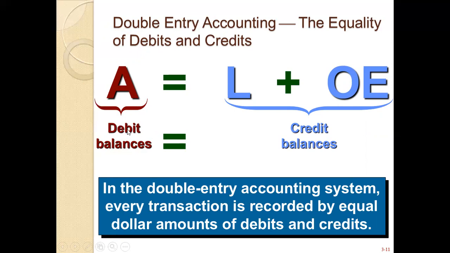If you say my asset has a credit balance, then where do you put your asset? In the accounting equation, assets are on the left-hand side. With a credit balance, you would put your asset on the right-hand side, and then your accounting equation becomes unbalanced. It is a wrong concept.